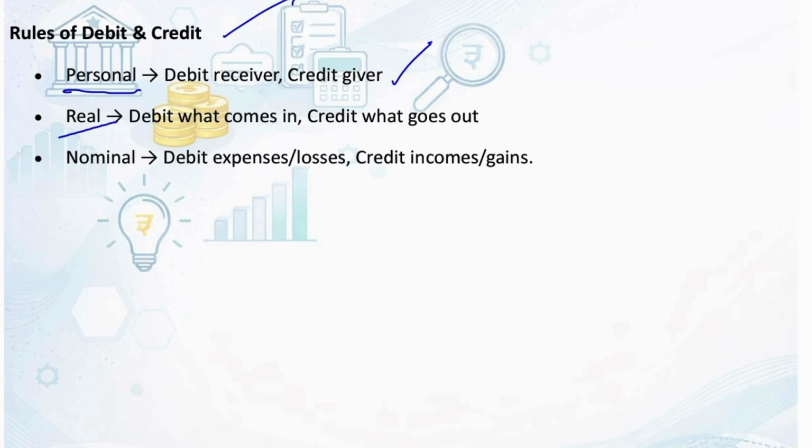Don't confuse this. For nominal accounts, debit expenses and losses, and credit income and gains. These rules ensure every transaction is recorded accurately. This is a very important topic.